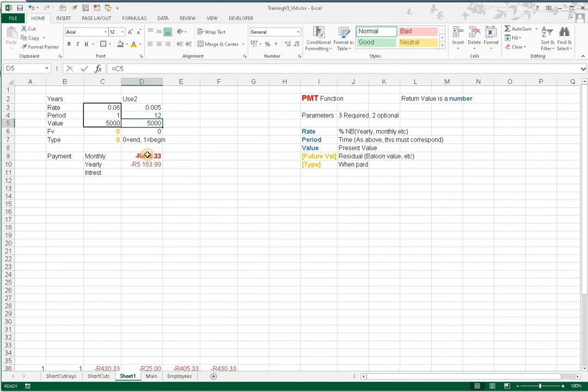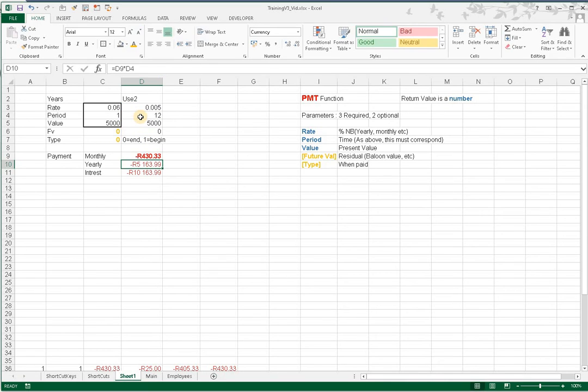So in my formula, if I make this a positive, now I can say this minus this value, and I get my 163. The difference between this value and that value is now 163. I do that because I used minus.